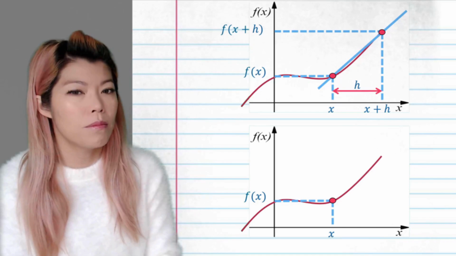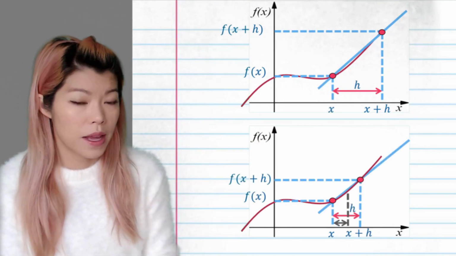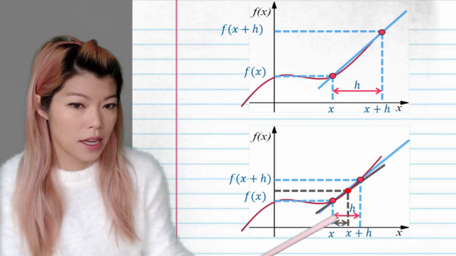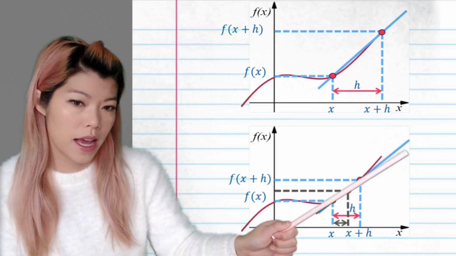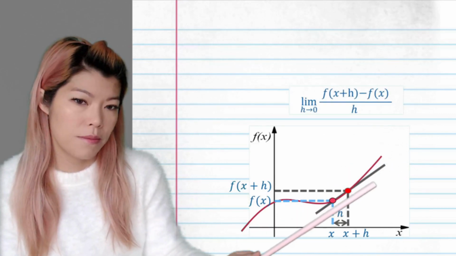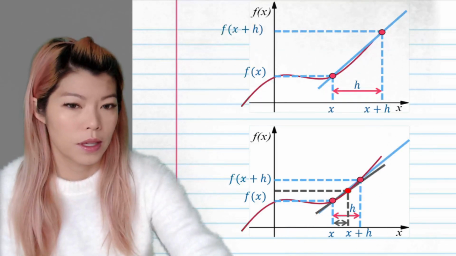So how can we make it more like the tangent? We could make h smaller and smaller. The smaller we make h, the more we can see that it becomes closer to the tangent. Let me show you.